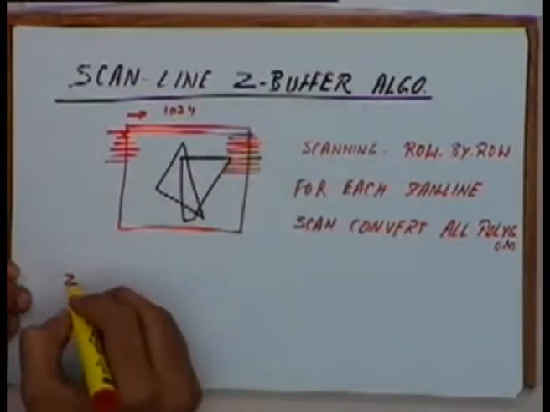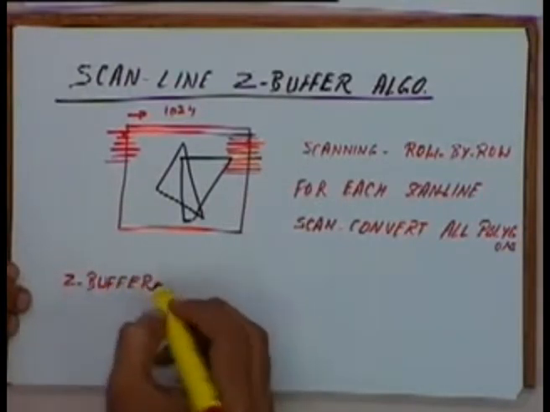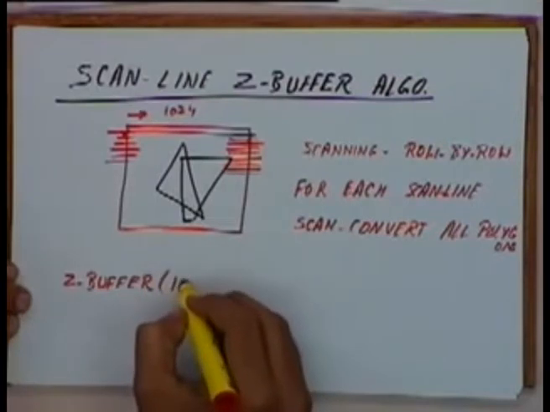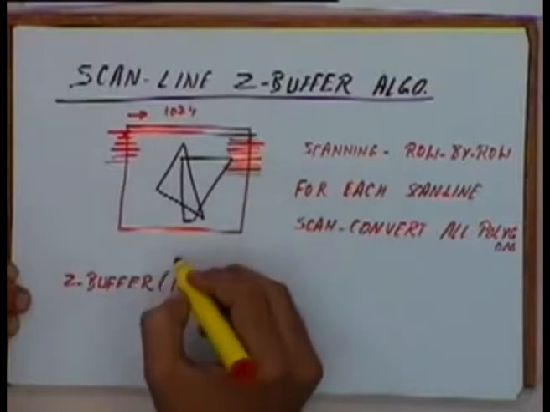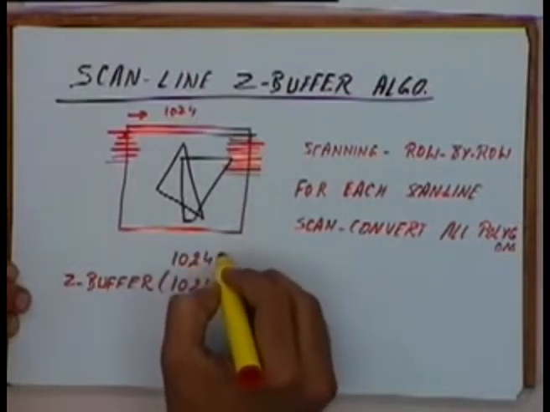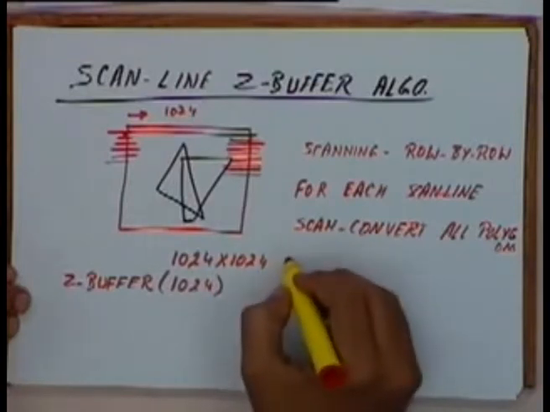So now I will use a Z buffer whose size will only be 1024. Earlier I was using a Z buffer whose size was 1024 times 1024, or x times y.